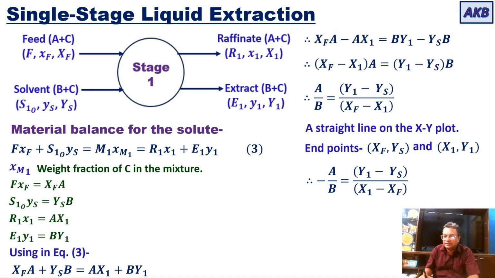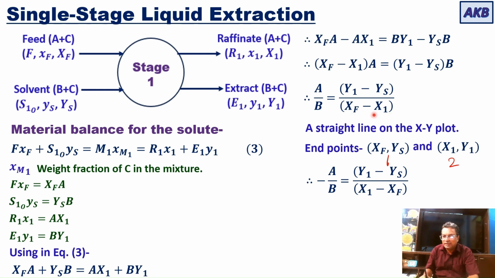Let us rearrange the equation so that in the numerator you have 1 minus 2 and in the denominator also 1 minus 2, or 2 minus 1 in the numerator and 2 minus 1 in the denominator. So in the numerator it is y1 minus ys, that is point number 2 minus point number 1, divided by, over here it is 1 minus 2. Now let us make it 2 minus 1.